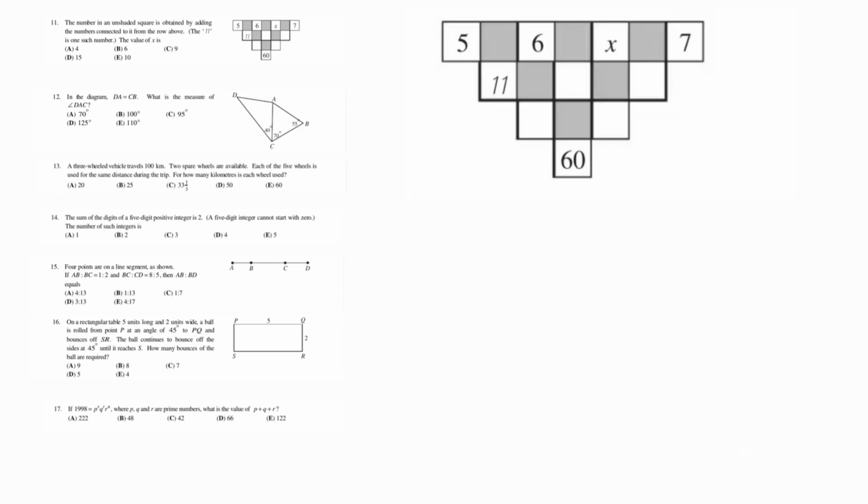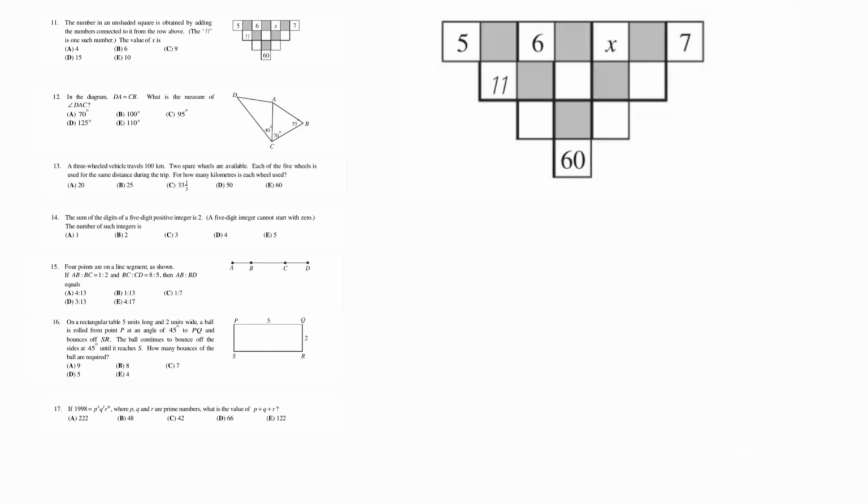Number 11. The number in an unshaded square is obtained by adding the numbers connected to it from the row above. The 11 is one such number. The value of x is?